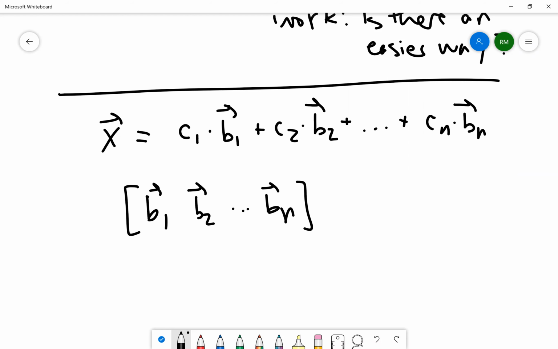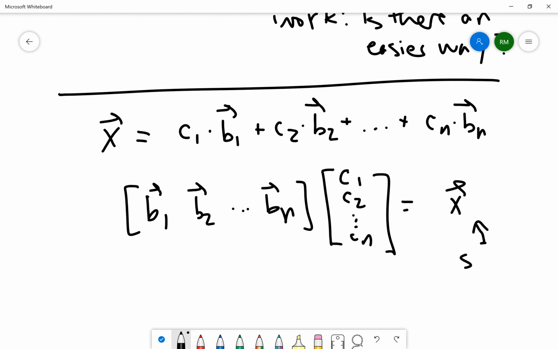So let's assume that these are written in the standard basis. And we know that if we multiply them by this vector, I'll get x written in standard coordinates. Because that's just how matrix multiplication works.